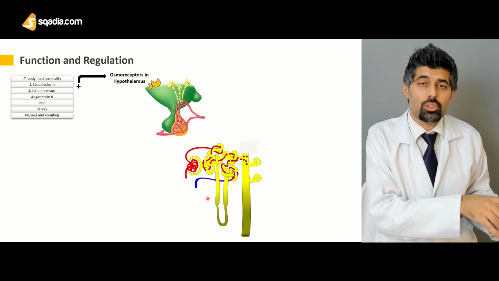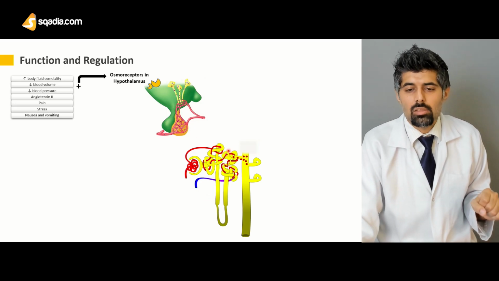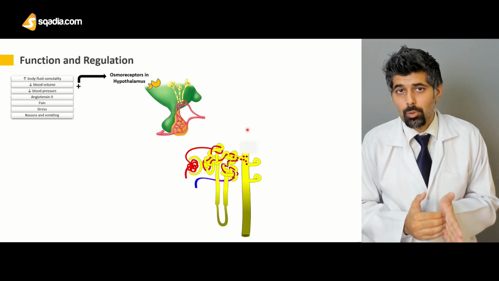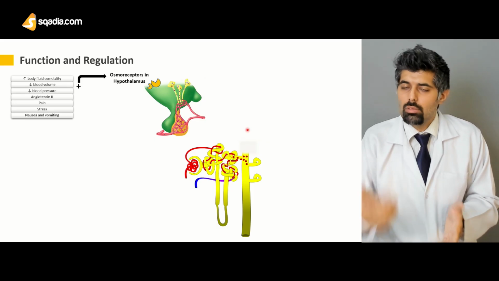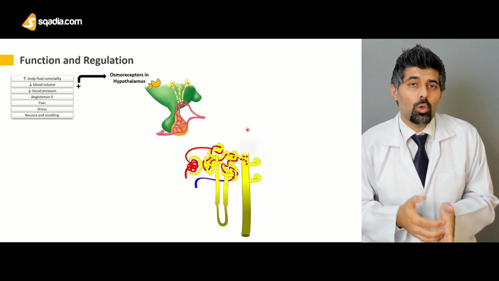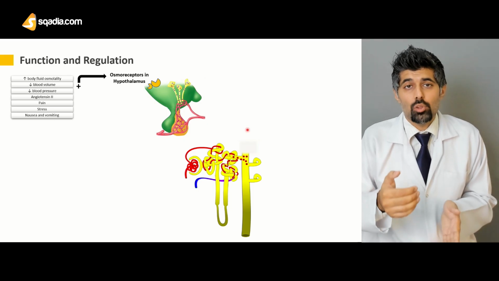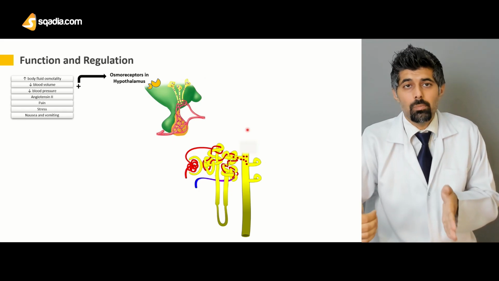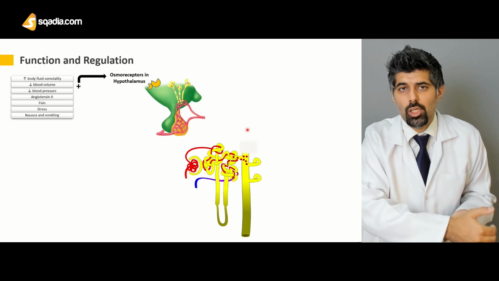It is only the proximal convoluted tubule, that is here, and the distal convoluted tubule that usually reabsorb the water. And when there is an increased amount of ADH hormone, there is an increased amount of water being reabsorbed from the urine formation into the interstitium, from where it is then poured down into the circulation.